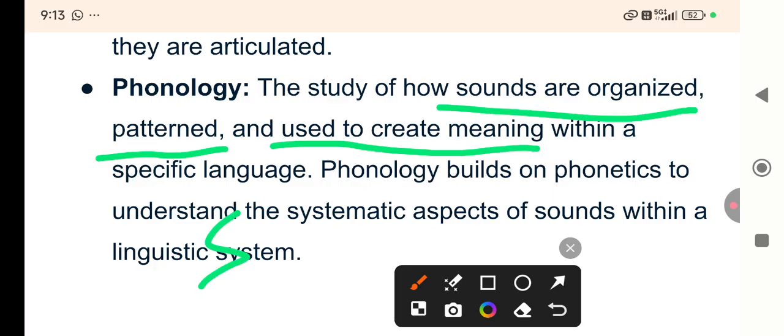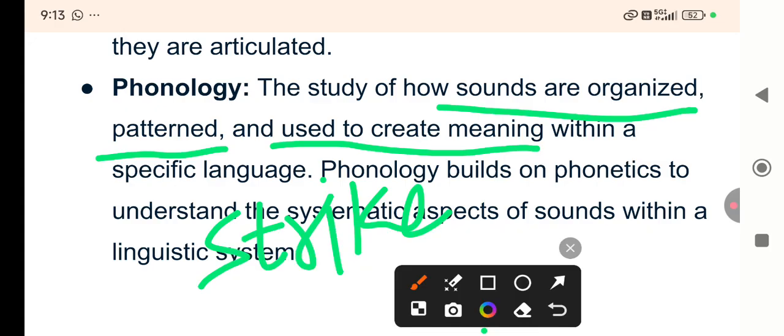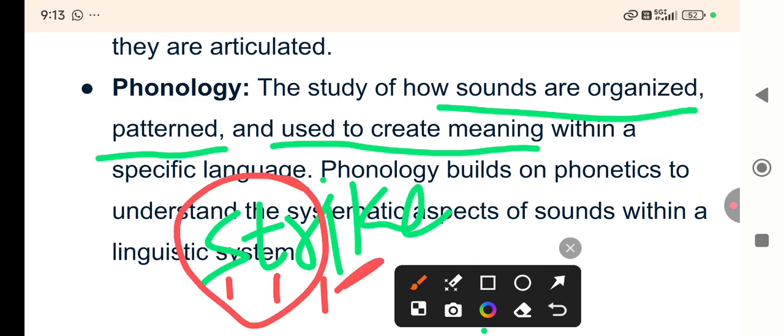Suppose strike, strike. That's an organization of different phonemes, okay? One, two, three, these all are consonants. So that's a combination. And what's the pattern? How these patterns are made and used to create meaning.